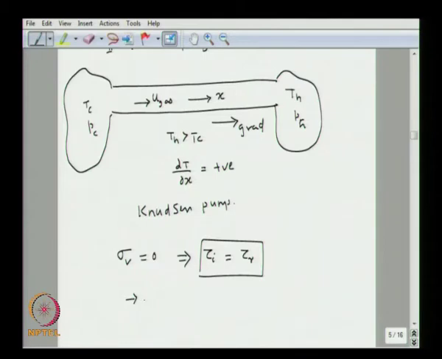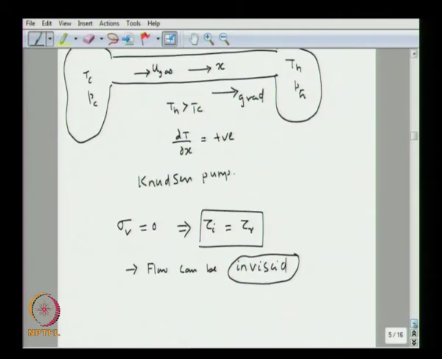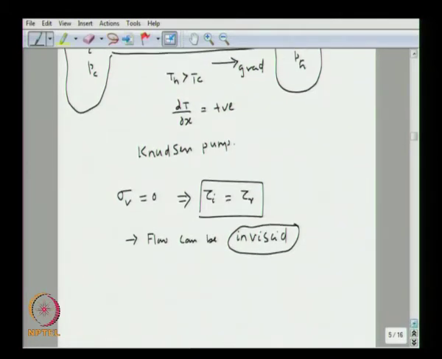So the conclusion is that in that case the flow can be considered as inviscid flow, so there is no effect realized by the fluid in presence of the wall. This situation can also be called specular reflection.